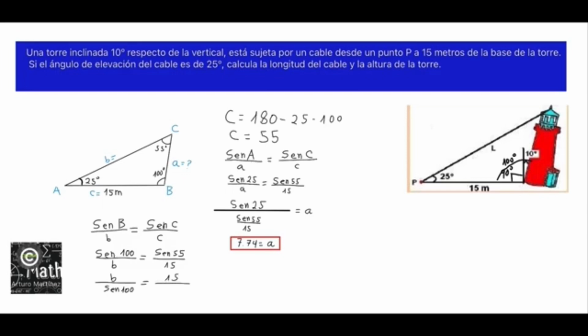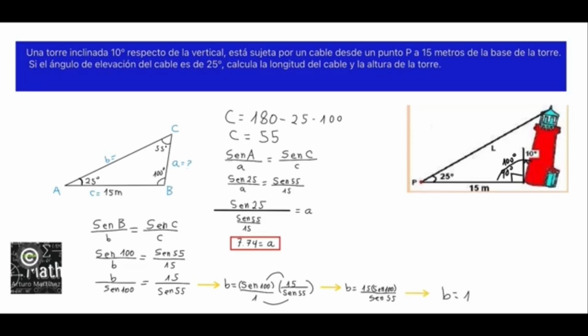It can also be written as follows. Since the sine of 100 has as denominator the number 1, the one above is multiplied by the one above and the one below by the one below, leaving the expression as 15 times sine of 100 divided by sine of 55. When solving that operation, the answer is 18.03.